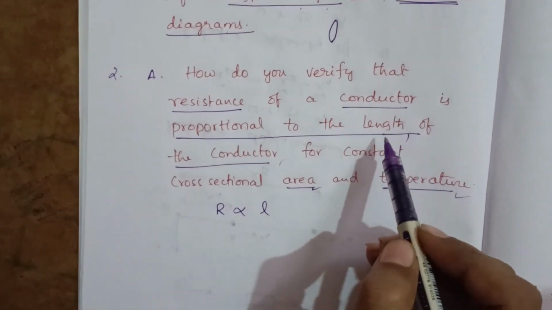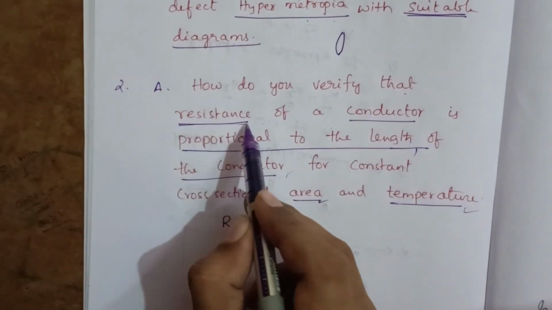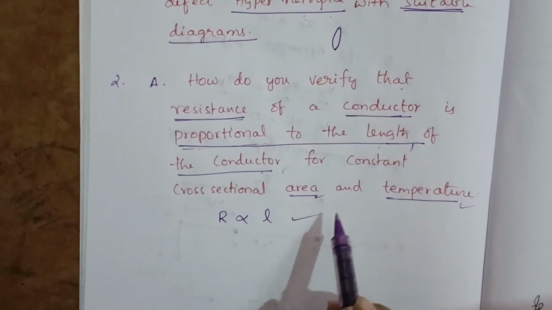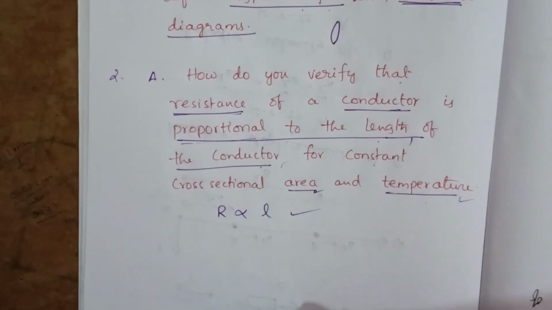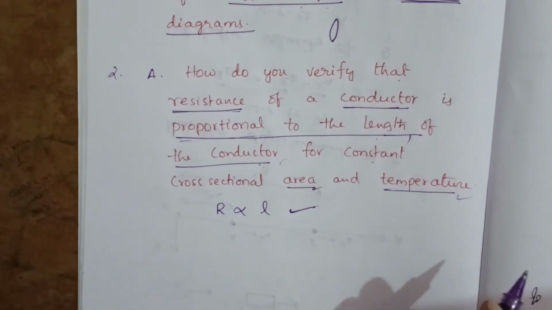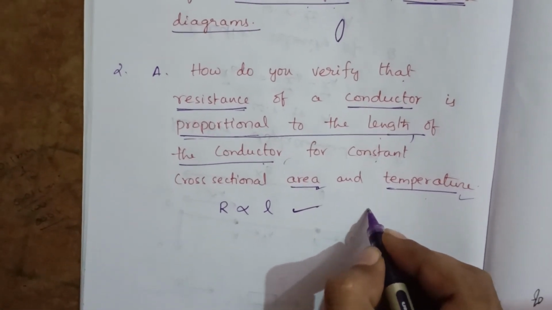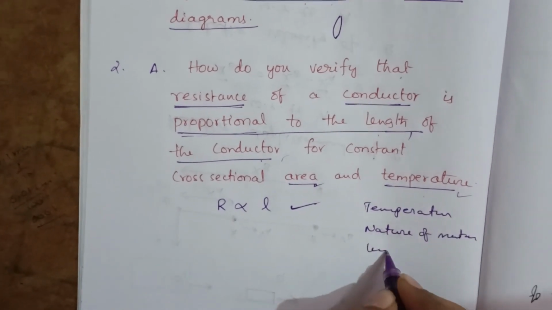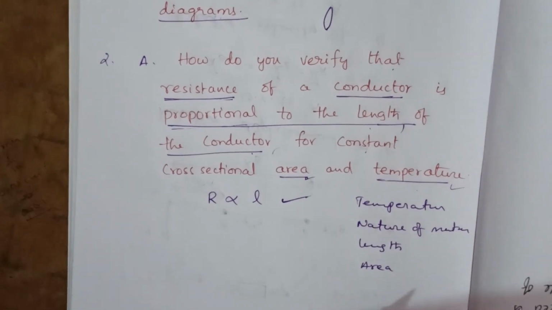Now here they asked: how do you verify that the resistance of the conductor is proportional to the length of the conductor? Only this one, for constant area and temperature. We already discussed that whenever we consider one thing, the remaining terms should be constant. Here we have 4 terms: temperature, nature of material, length of the conductor, and area of cross section of the conductor.